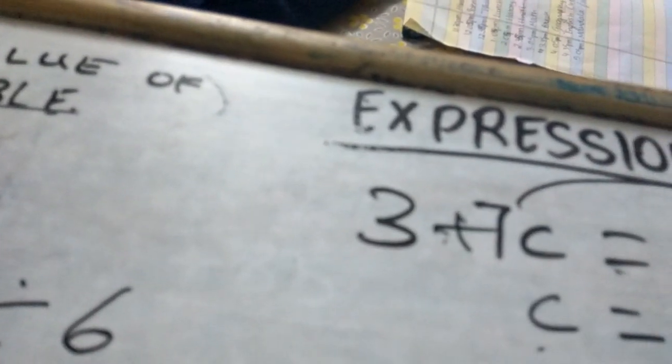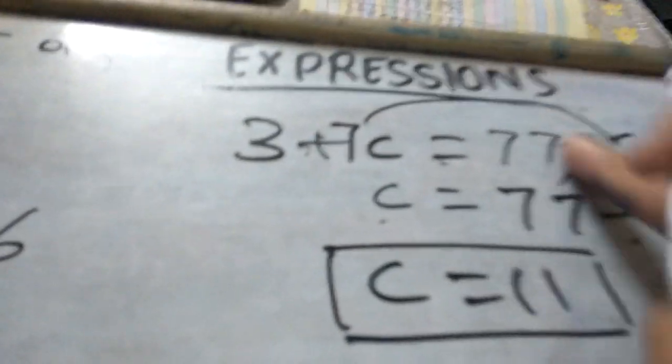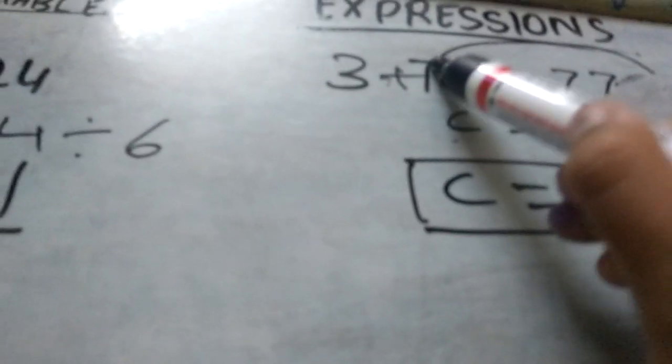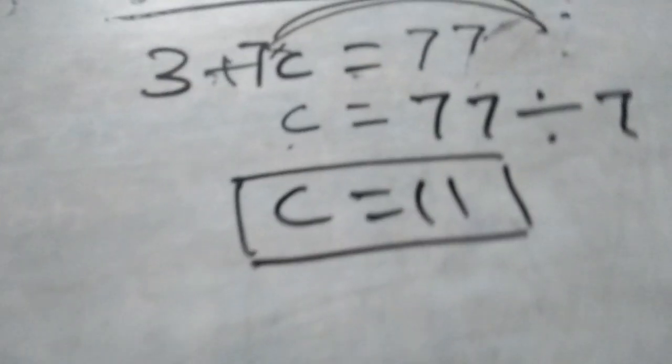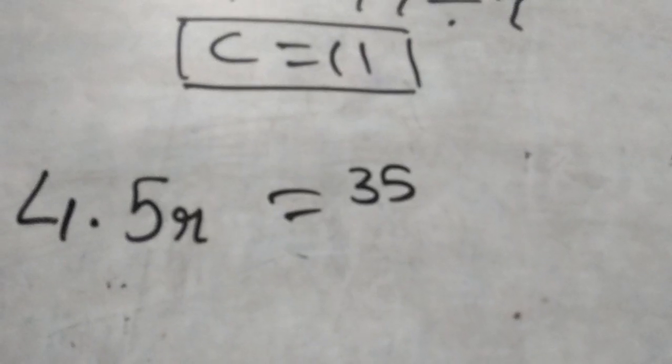So we only get this 7 here, and don't assume that this is plus 7, so here it becomes 77 minus 7. No, this is the wrong technique. Here it is multiplication between 7 and c. So this 7 multiplied goes 7 divided. That's what we are supposed to keep in our minds.